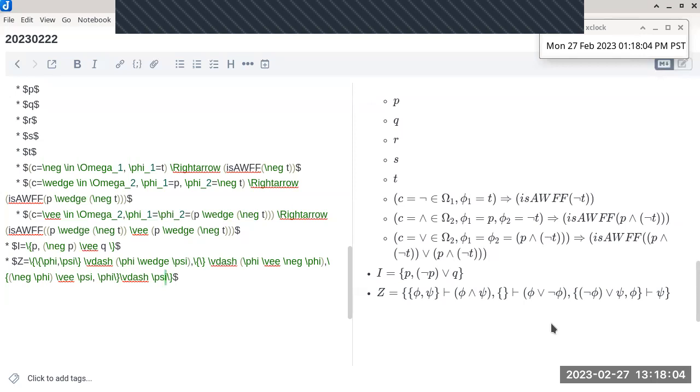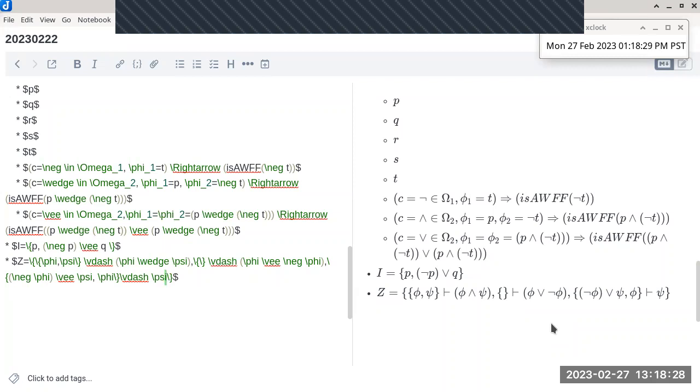Once I find the first pattern, the second pattern doesn't have freedom anymore, because this phi has to be exactly the same as that phi. I'm looking for two well-formed formulae known to be true at this point in time. One has to be the or between some well-formed formula and the negation of some well-formed formula.